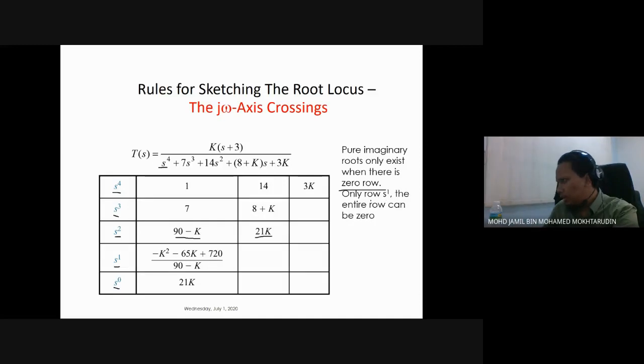Here only row s1 can become 0, because this is already 0 and this is already 0. So you can only alter this value so that it becomes 0, meaning that you need to find the value of k such that this value equals 0. So you start with s1.